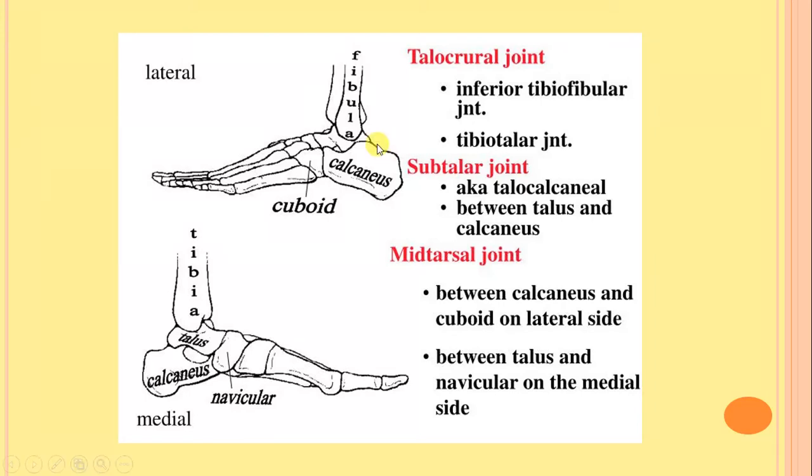When we see the bones, we see the calcaneum making a joint with the cuboid bone, and here is the navicular bone, and here is another joint, the talonavicular joint. We will discuss later what the importance of this joint is in movement.